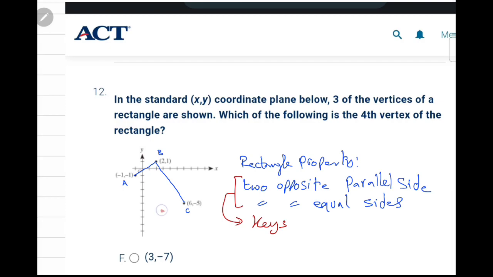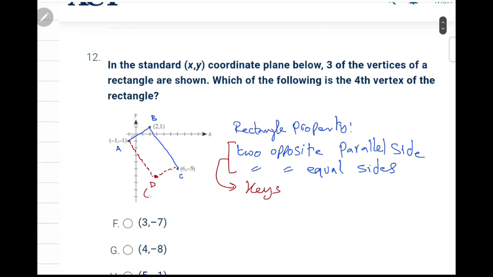So we can sketch the missing vertex, which is D, that is used to connect and complete the rectangle. So the point D has an unknown x coordinate and y coordinate.